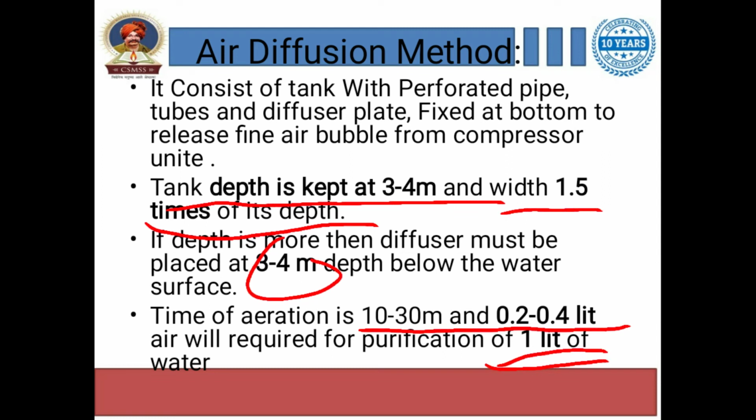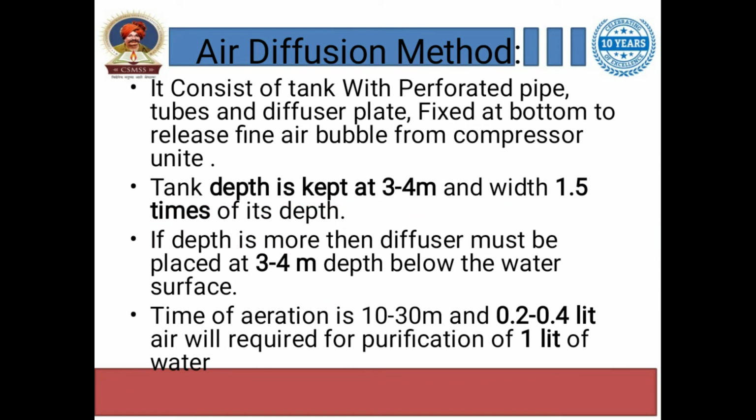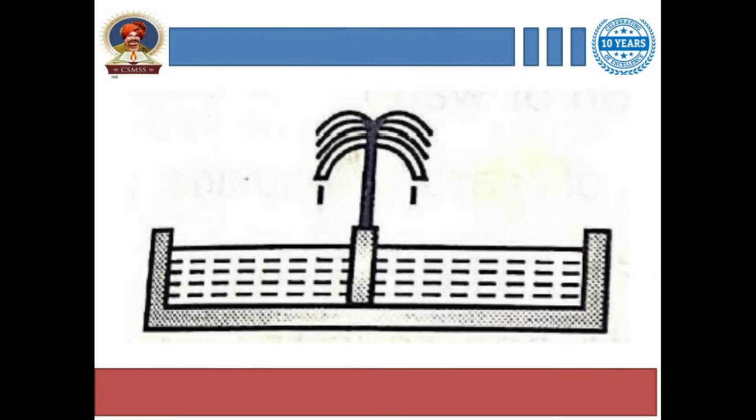If you want to purify or aerate 1 liter of water, then we will require 0.2 to 0.4 liter of air, and it will take 10 to 30 minutes. So write down all this information in your notebook and also draw the labeled diagram for it.